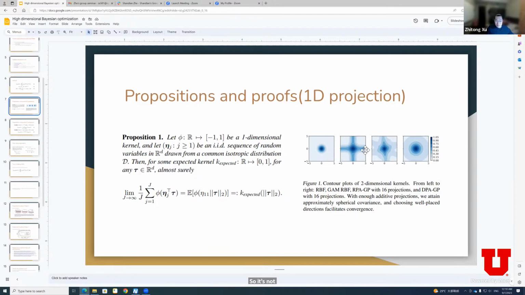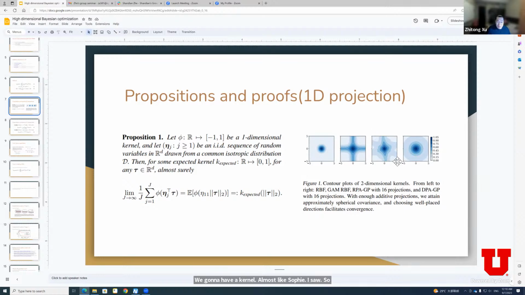If I add them together, they're going to decay really fast if they are not following the two axes. So what they are trying to say is, if the number of projections increases, we're going to have a kernel that is almost spherical. It's going to converge to a spherical kernel.